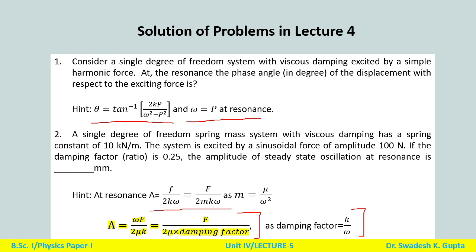The amplitude is given here, which is capital F. Then the spring constant is given here, which is mu, and the damping factor is 0.25. So using these values you can solve.